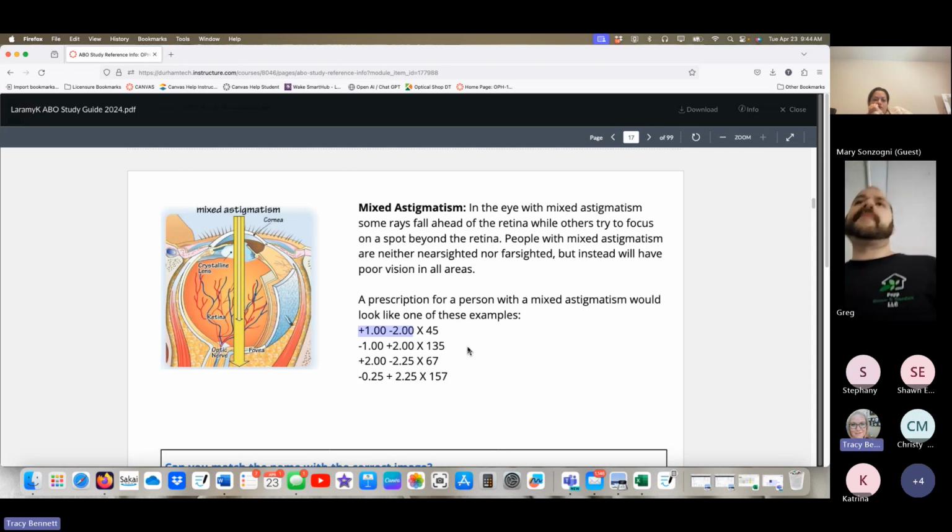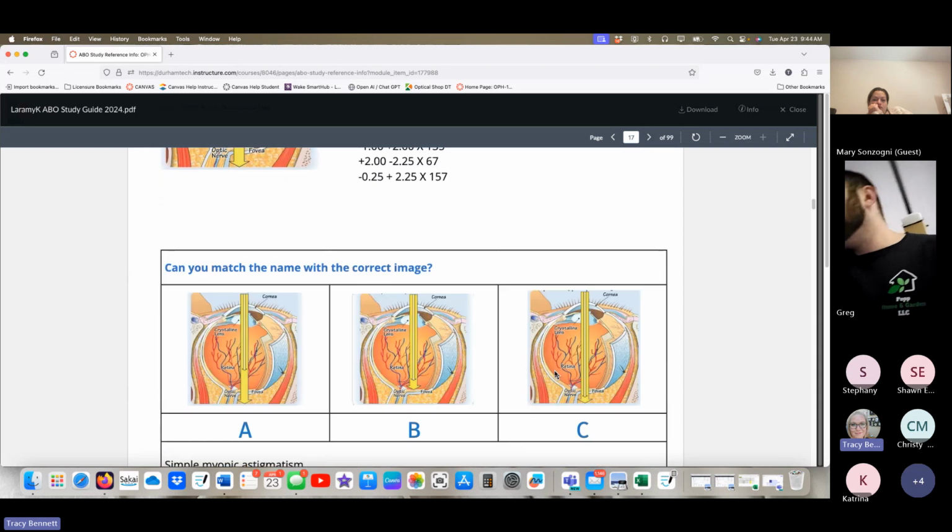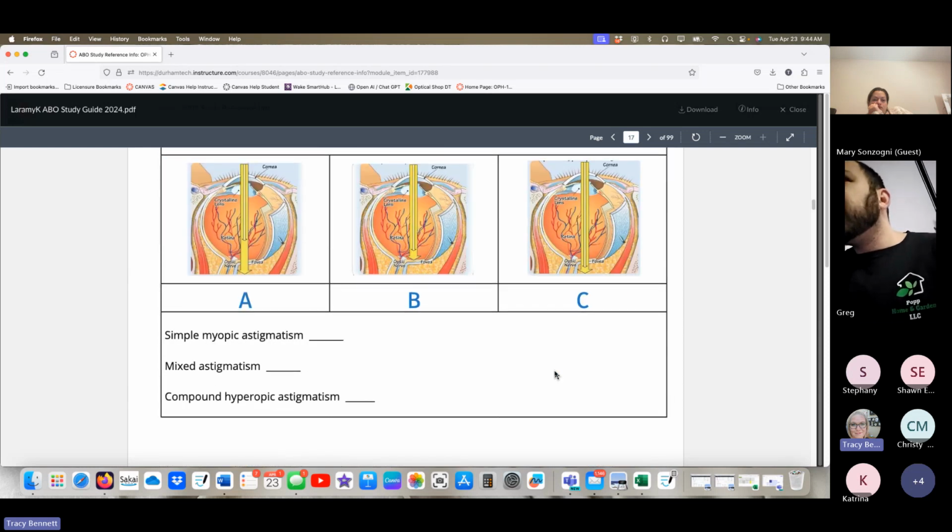Does that make sense? And same thing for all of these. When you put these onto an optical cross, you'll get one minus and one plus. The best way to do it is to put those up there.